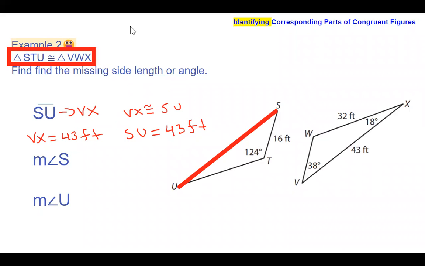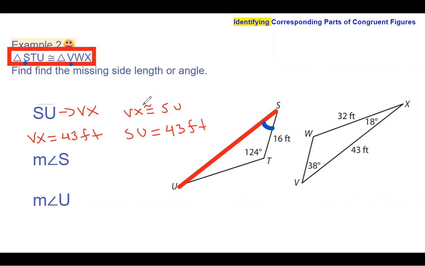All right, let's do the next one. Let me do this one in blue. So now we're looking for angle S. Angle S is right here. This angle is corresponding to? V. It would be V. And now you can double check by looking at your statement. S is your first point here.